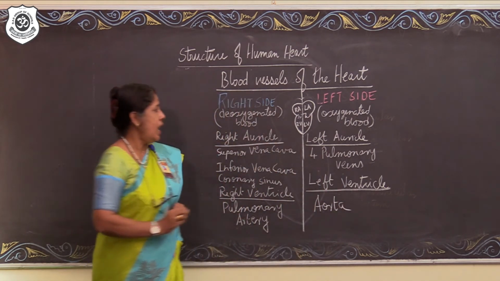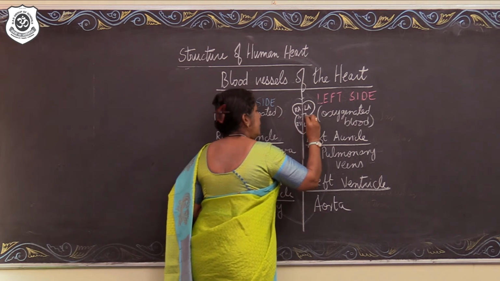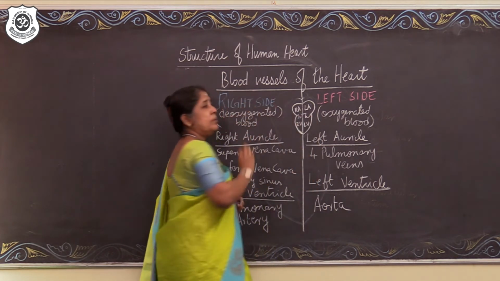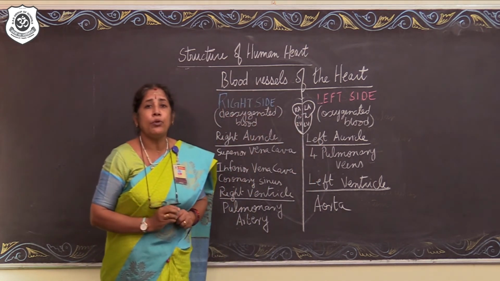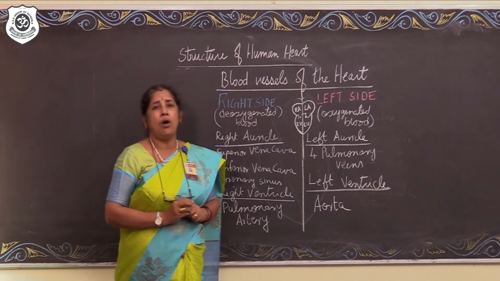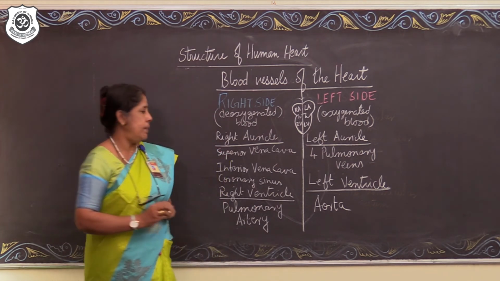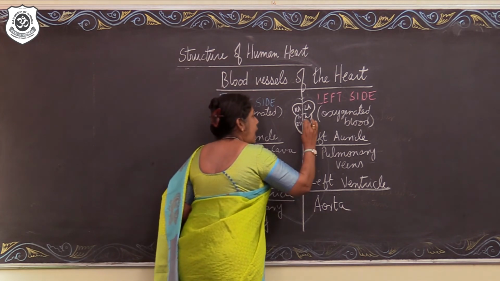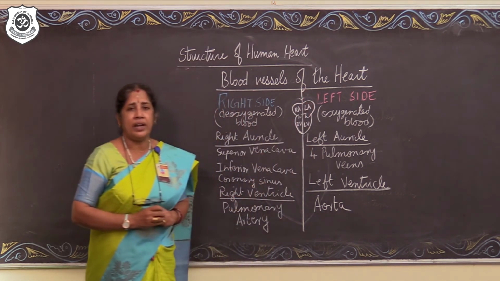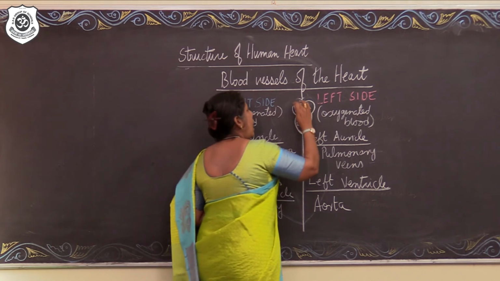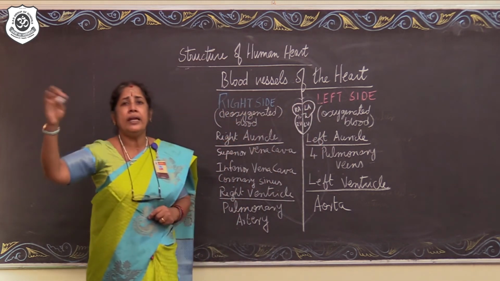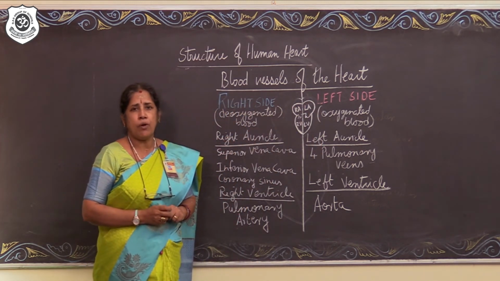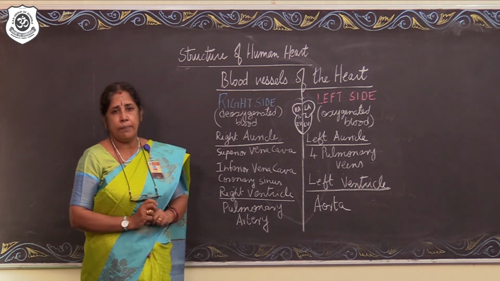The aorta is a single large artery that arises from the left ventricle, transporting blood rich with oxygen, or oxygenated blood. This aorta arises from the left ventricle, forms an aortic arch from where it gives branches to all parts of the body, distributing the oxygenated blood.